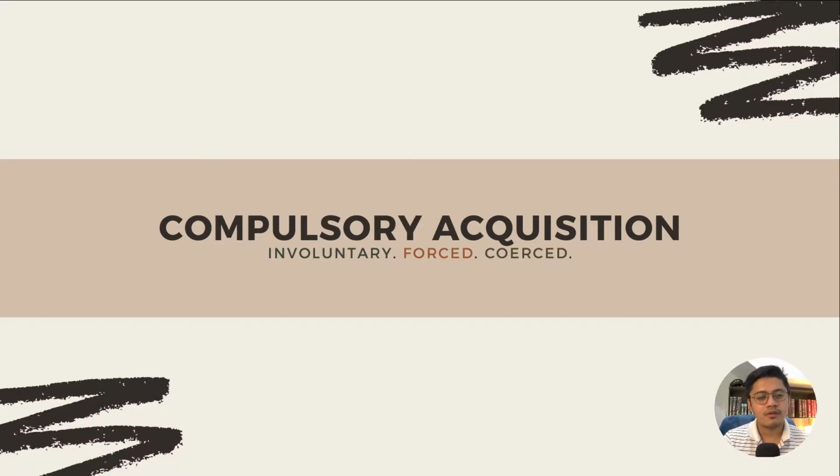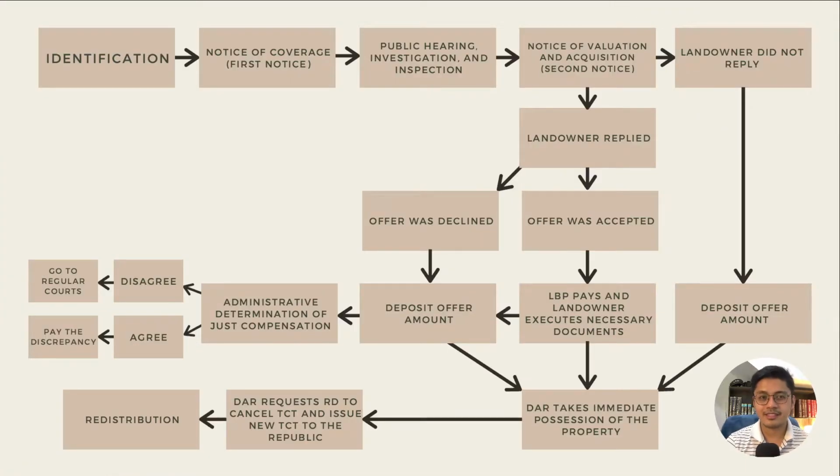All right, so for compulsory acquisition, the format of our discussion would be mainly based on this flow chart. Now, I prepared this flow chart in order for us to see, at least from a bird's eye view, how this process will proceed.